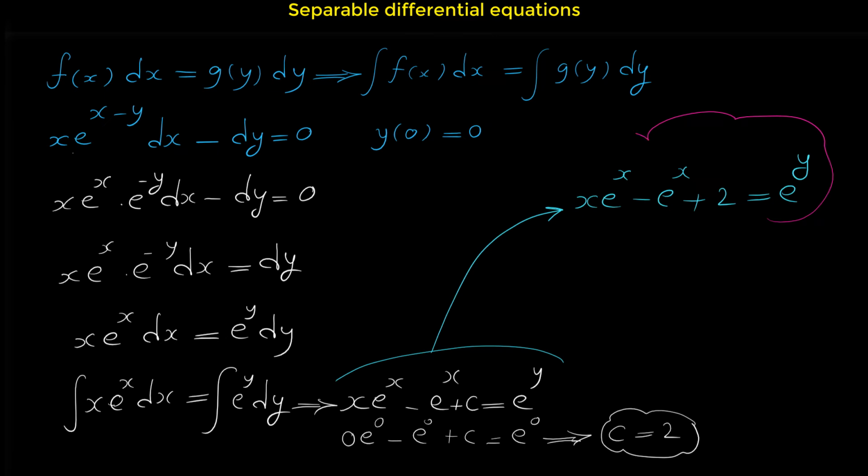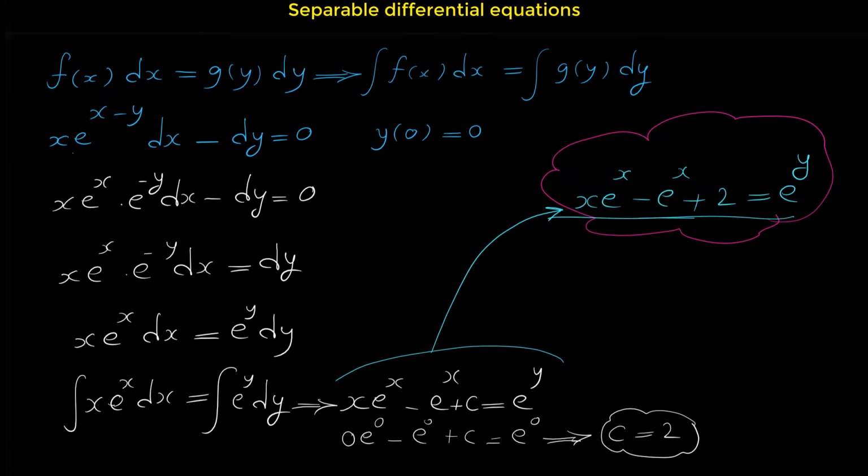And so this is the solution of this differential equation with this initial condition. If you would like to find y in terms of x explicitly, if you don't like this implicit form, you can write your answer in this form as well.